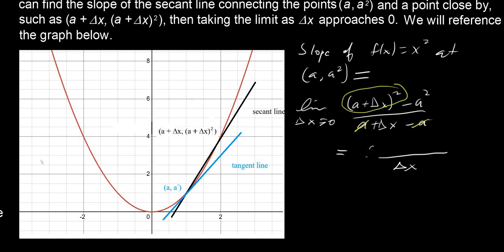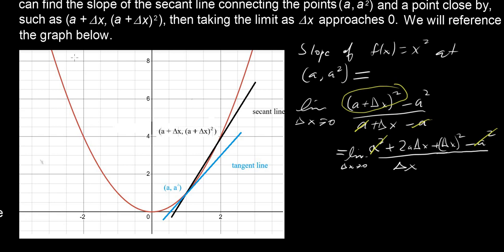When we FOIL that out, we get a squared plus 2a delta x plus delta x squared. And then we still have minus a squared in the back. And we're still taking that limit as delta x goes to 0. Okay. And let me lengthen that fraction bar a little bit. All right, so we see in the numerator, the a squares cancel out.